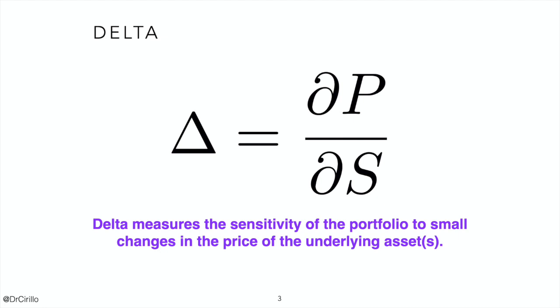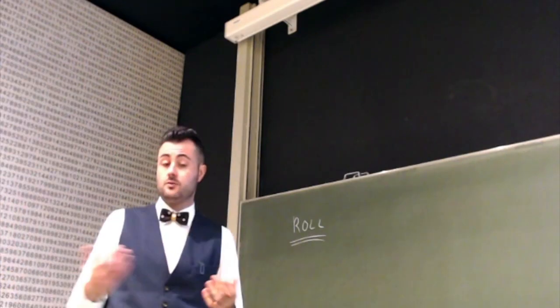Delta is a Greek that measures how sensitive our portfolio is to small changes in the value or in the price of the underlying asset or assets of the portfolio. Now, we will start by making the assumption that our entire portfolio just depends on one asset, because that simplifies the treatment.